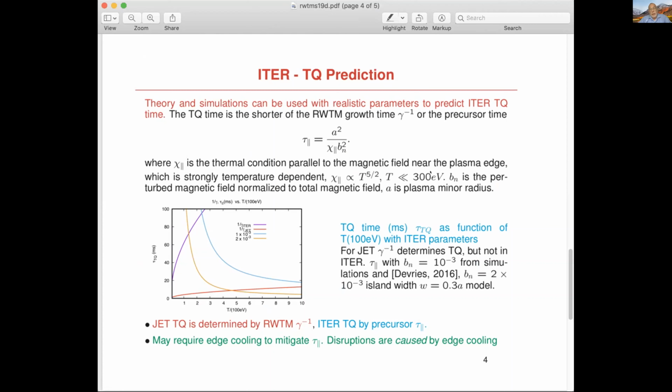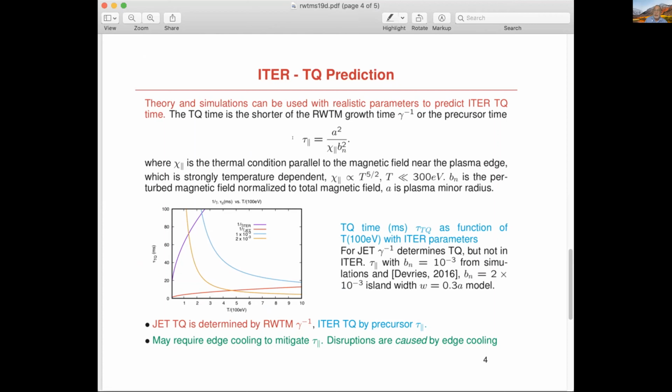The theory and analysis show that the thermal quench time is the shorter of two kinds of time. One is the growth time of the instability, which I showed you before. Or, in the case that was independent of large wall time, you get something which I'm calling tau parallel here, which is diffusion along the magnetic field given by these magnetic perturbations.